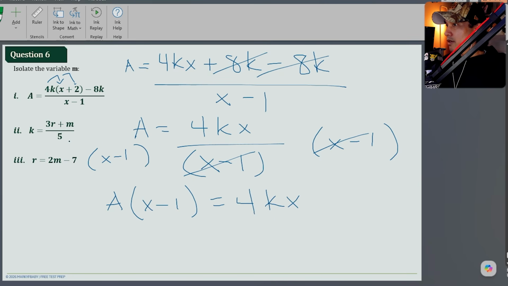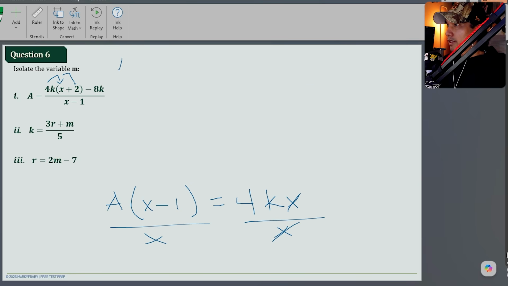4kx. Now, since my k is right here and I want to substitute it for this k, I am going to divide by x. Divide by x, canceling these x's out, giving me a(x minus 1) over x equaling 4k. And I'm going to plug in this k over here. So let's go ahead and do that.